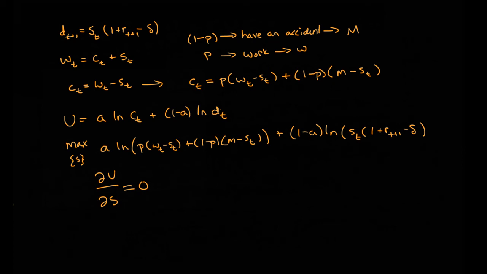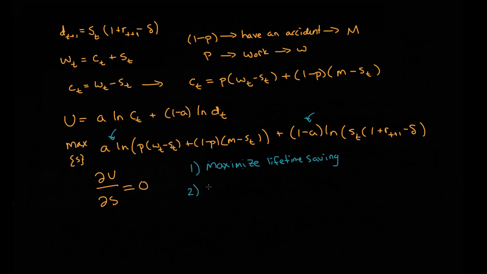Our goals when we do an OLG question are, number 1, maximize savings when young, or I guess over your life. Maximize lifetime savings, given that we value our consumption at young and old times differently based on that A parameter.